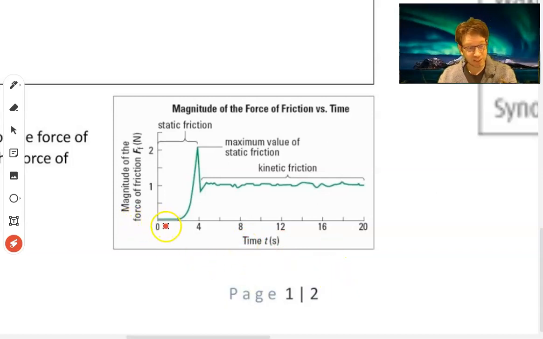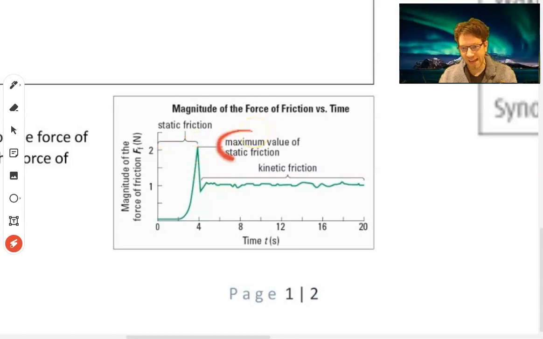Now, as you push it, if you increase your force over time, it's not moving yet, but the force that is opposing you is getting stronger and stronger. And the harder you push against it, the stronger that opposing force is until you reach a peak.